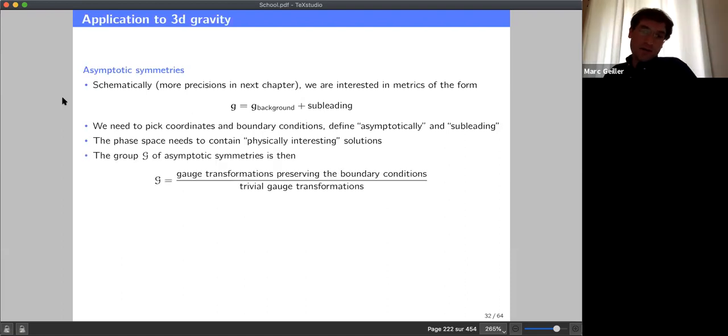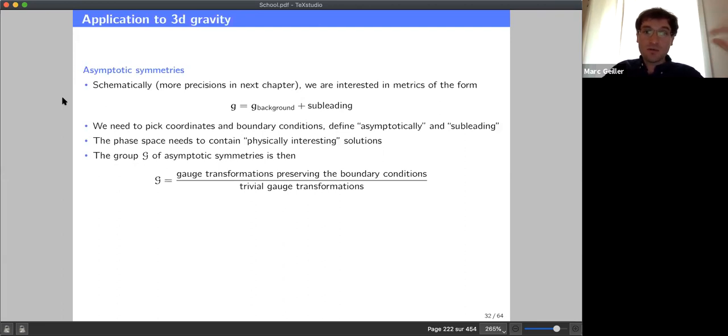Now, again a bit schematically for the moment, what we typically call the group G of asymptotic symmetries is the group of gauge transformations which preserve the boundary conditions, modded out by the group of trivial gauge transformations. Because as we have shown, when we have, for example, a diffeomorphism invariant theory, there can be diffeomorphisms to which we can assign a non-zero charge, but there are also diffeomorphisms which are trivial, which give a vanishing charge.